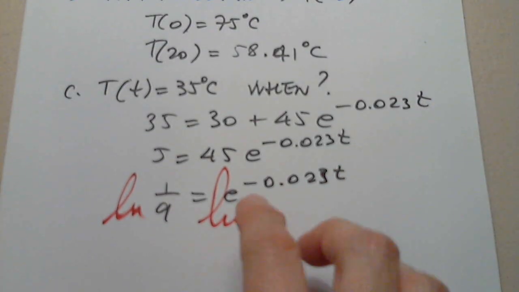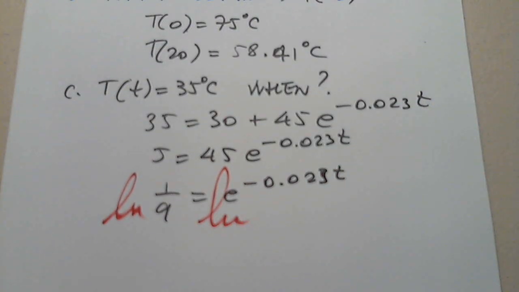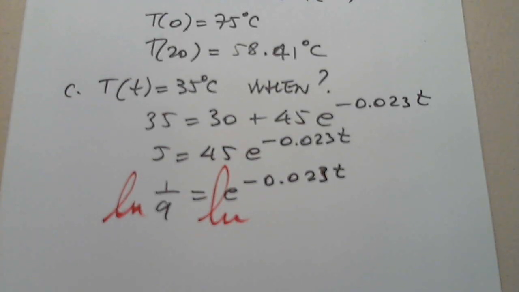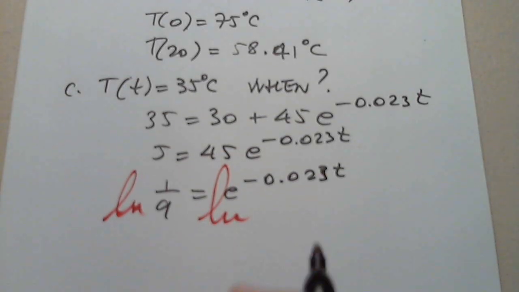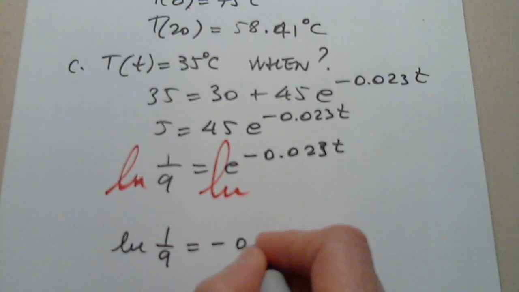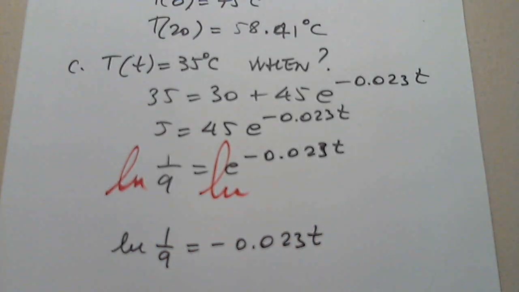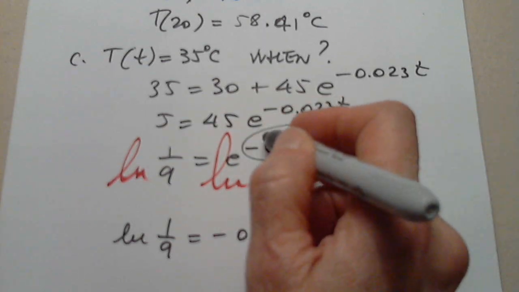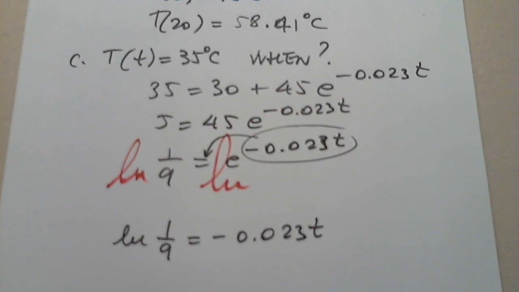Perfect, because the base here is e. Excellent. Any log will do, but it's easier because it's base e. So natural log of 1 over 9 equals negative 0.023t. I brought the power in front because natural log allowed us to do that. This is the third property.